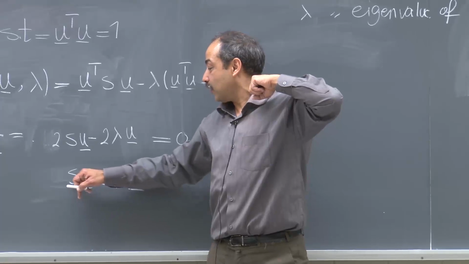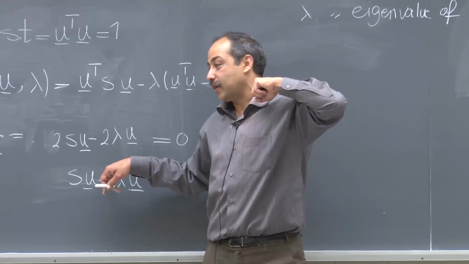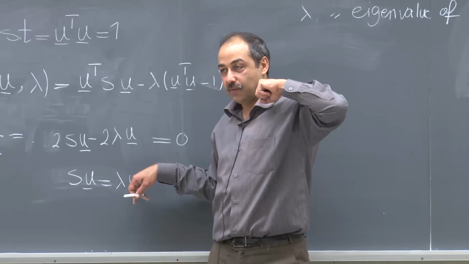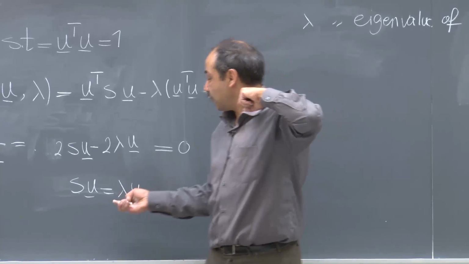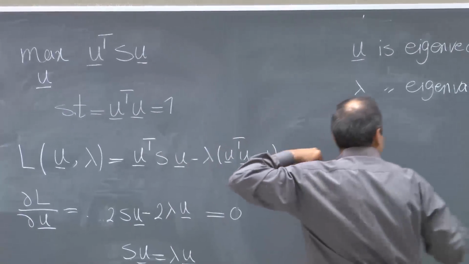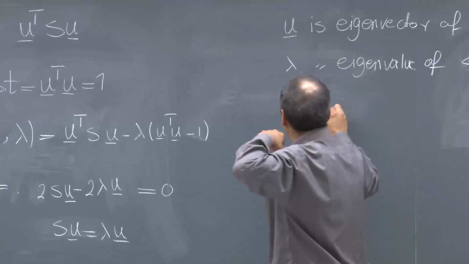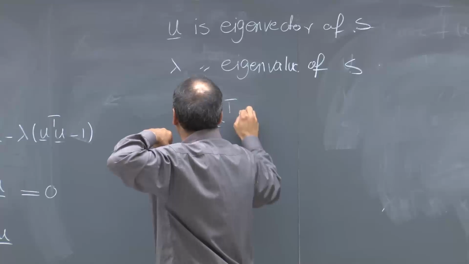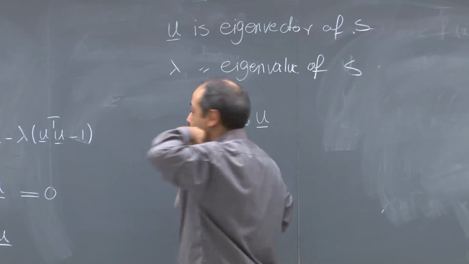We know that for any eigenvalue and eigenvector, SU is equal to lambda U. So let's substitute lambda U for this SU here. The quantity that I wanted to maximize was U transpose SU.